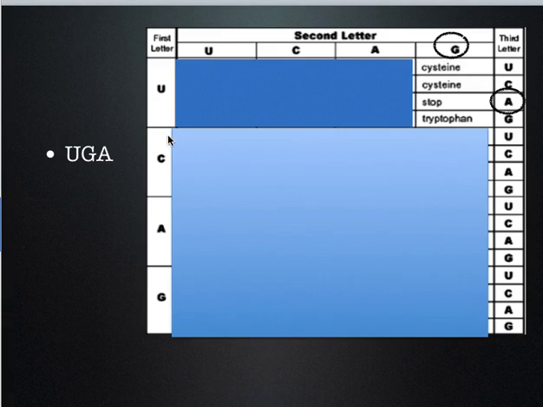Now, the third letter says an A. I'm using this first A because I'm in this row right here. This row going across, all four of these little boxes are in this first row going across, where the first letter is a U. So UGA is U, G, and A.